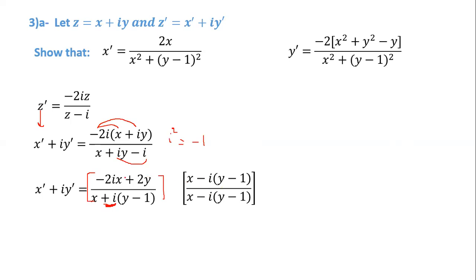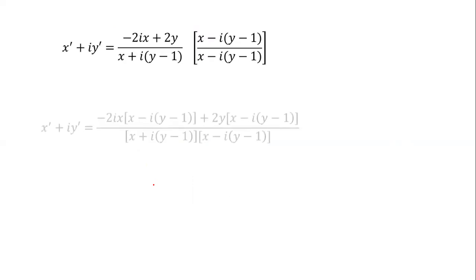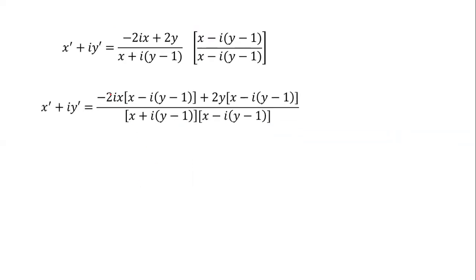In order to multiply these two fractions, we multiply numerators by each other and denominators by each other. Expand by multiplying minus 2ix by the whole brackets and plus 2i by the whole brackets. And always remember that i squared is always equal to minus 1.